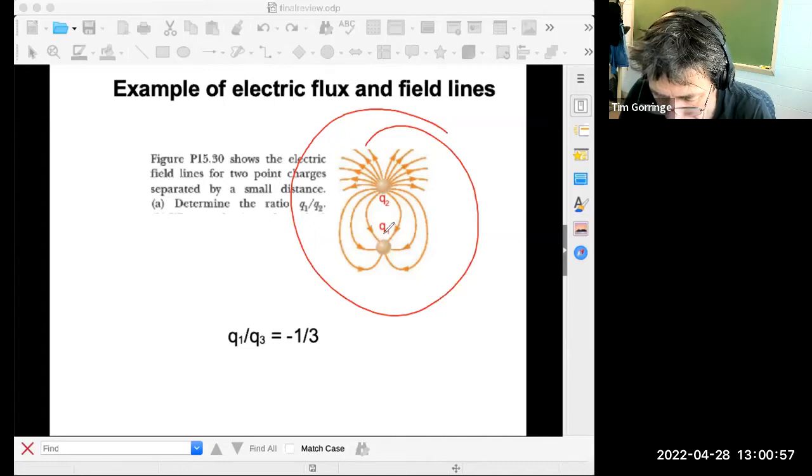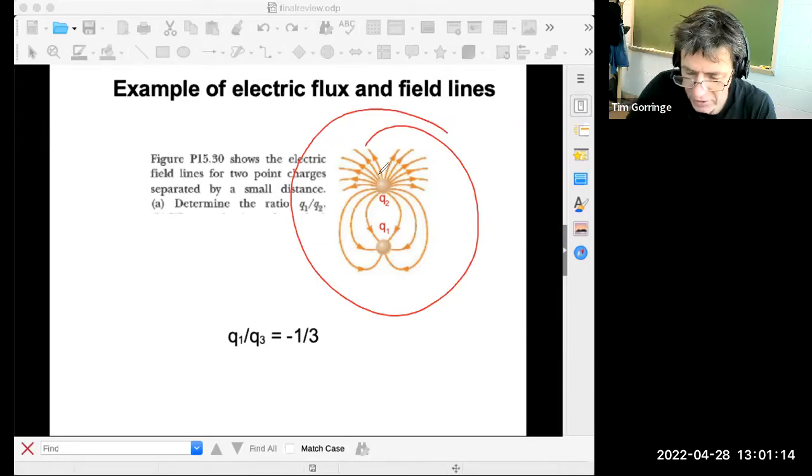So if you were to count up the field lines for these two charges, you'd see that there are 6 field lines terminating on charge Q1. There are 18 field lines emerging from charge Q2. So firstly, charge Q1 with 6 field lines ended on it is 3 times smaller in magnitude than charge Q2, which has 18 field lines coming out of it.